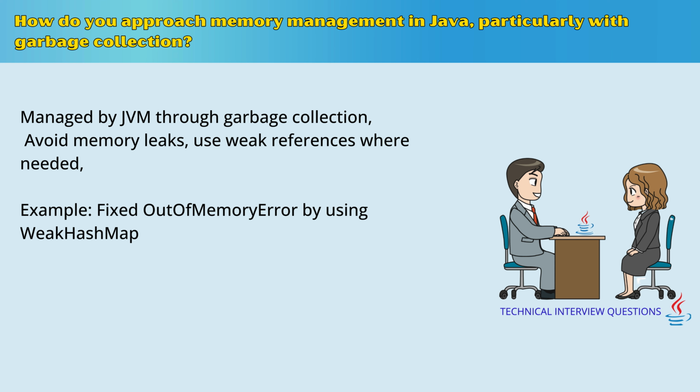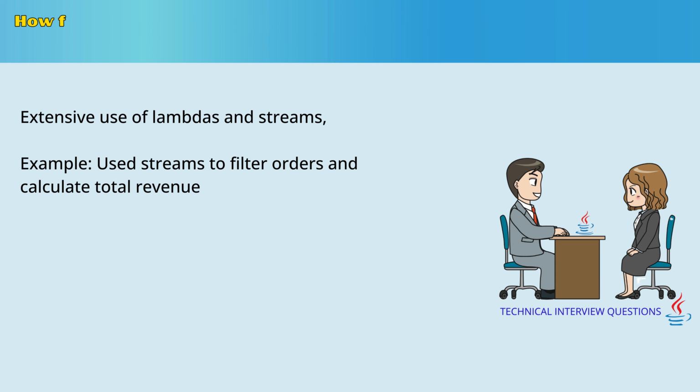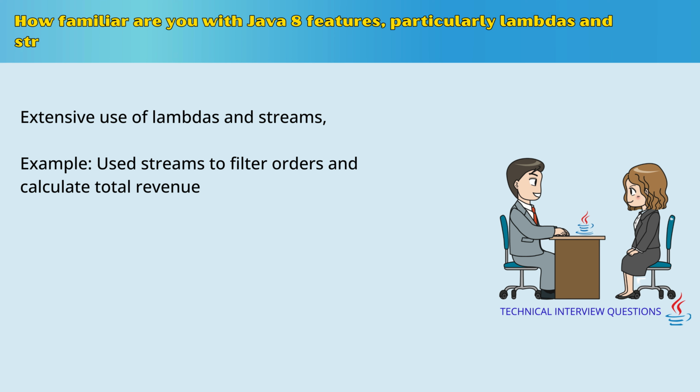Managing memory effectively is indeed crucial, especially in long-running applications. How familiar are you with Java 8 features, particularly lambdas and streams? I'm quite familiar with Java 8 features, including lambdas and streams, and I've used them extensively in my projects. Lambda expressions in Java 8 provide a clear and concise way to represent a method interface using an expression.